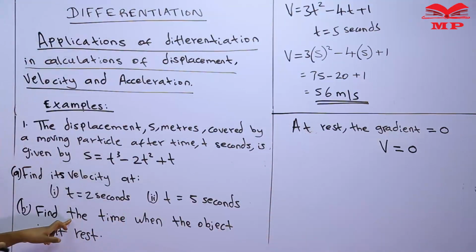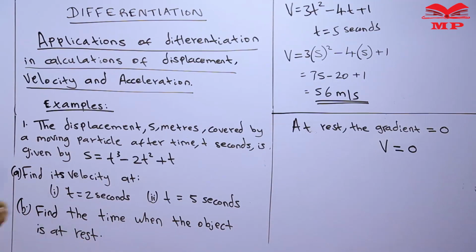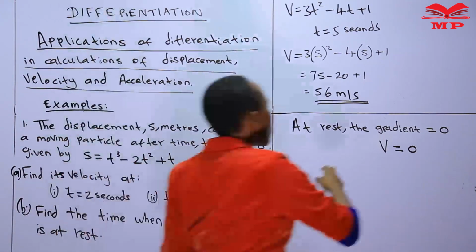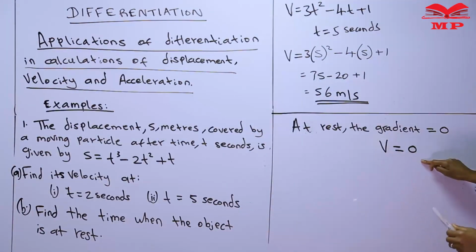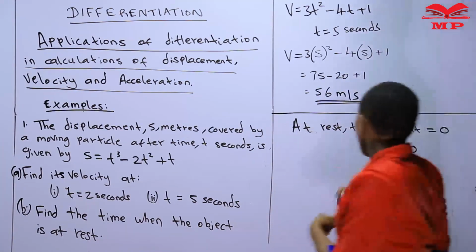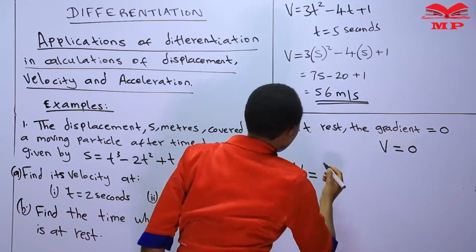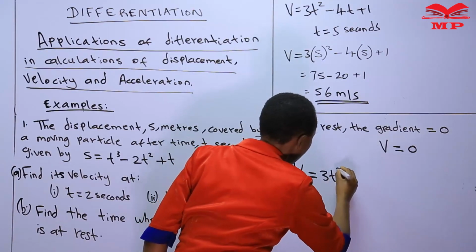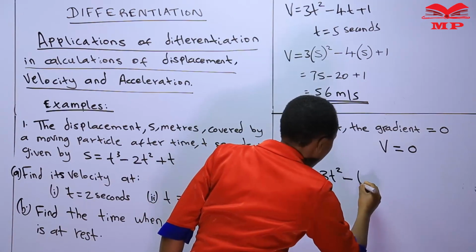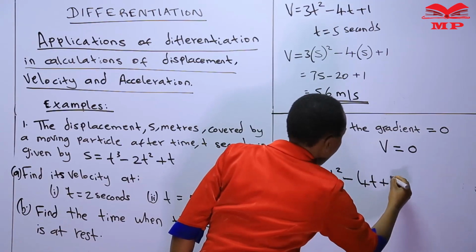Therefore, because we are told to find the time when the object is at rest, we need to equate the equation for velocity with 0, because at rest the velocity is 0. So we have the equation v is equal to 3t squared minus 4t plus 1.